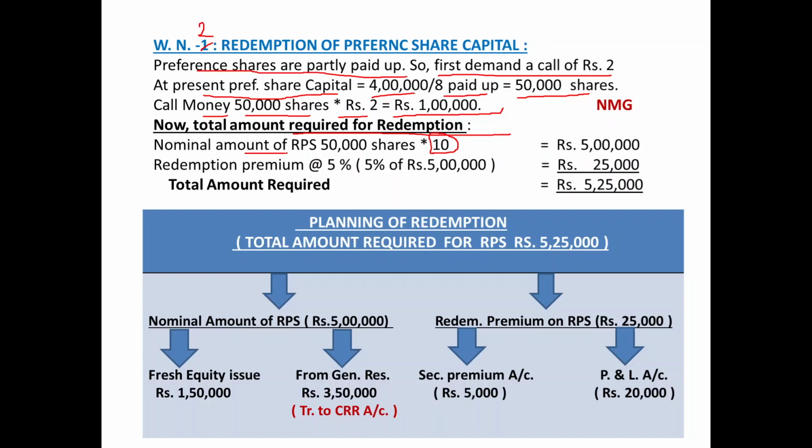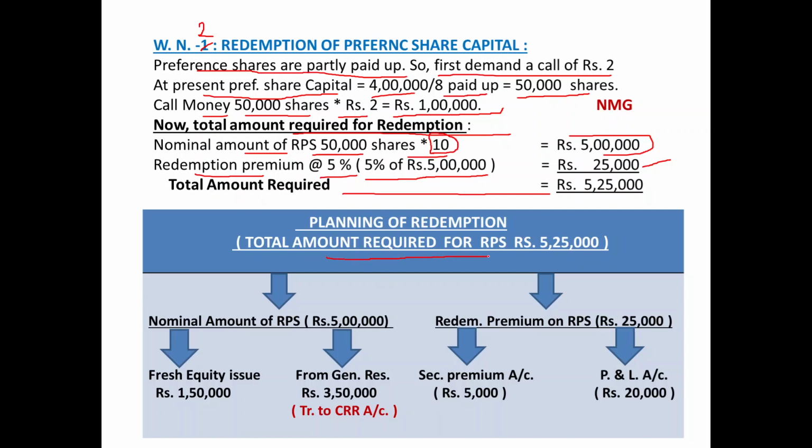So nominal amount, 50,000 shares into 10, gives 5 lakh rupees. Then redemption premium, 5% of rupees 5 lakh, is 25,000. That gives the total amount required, rupees 5 lakh 25,000. Let us give a planning of redemption in the context of the requirement of the law.